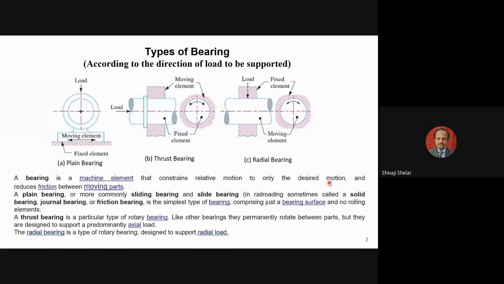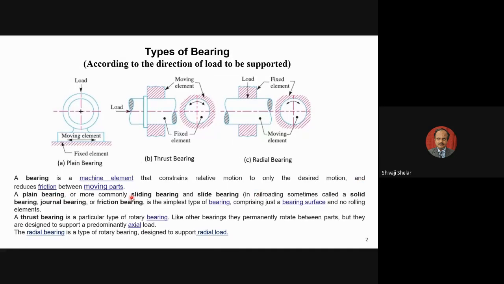When the shaft is rotating in a housing supporting it, the shaft has to rotate at its predetermined location, and it has to rotate in a circular manner. So it has to constrain that relative motion to the desired motion. While rotating, it should not move axially also. That is the meaning of constraining relative motion to the desired motion and reducing friction between moving parts.